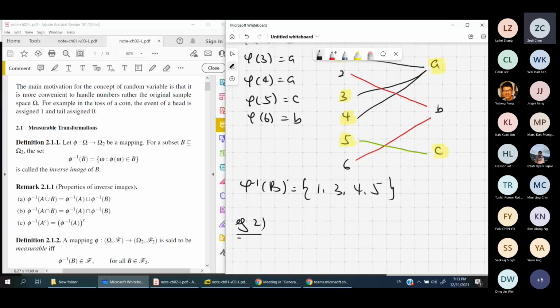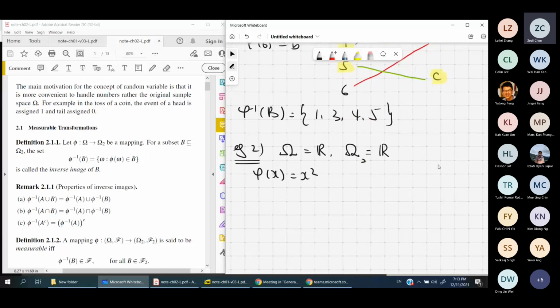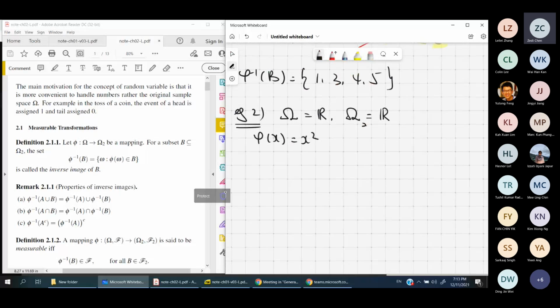Okay, let's look at another example. Now omega is R, and omega 2 is R again. We look at the function phi of x is x squared. Case number 1: first, when B is 4 to 9. Maybe I should use another symbol, so this is B1, and B2 is -10 to 9, the interval.